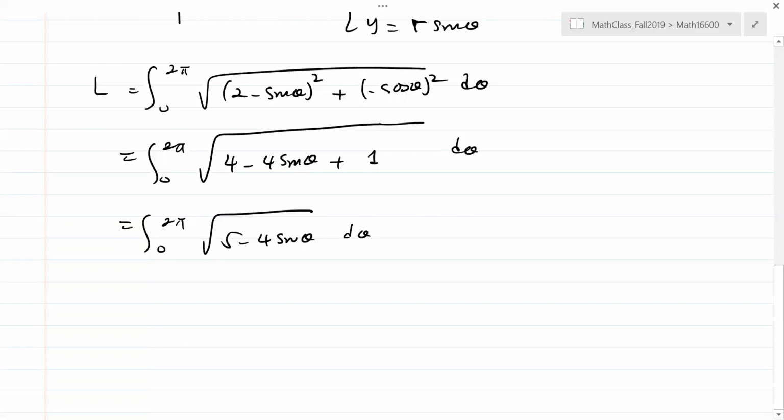It's not clear. Maybe you can use a substitution. Well, one thing you can try is sine theta equals 1 minus, no, it's not double.